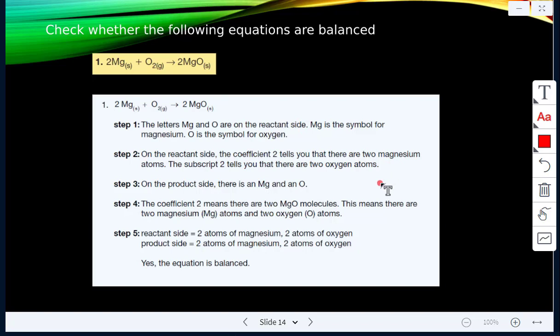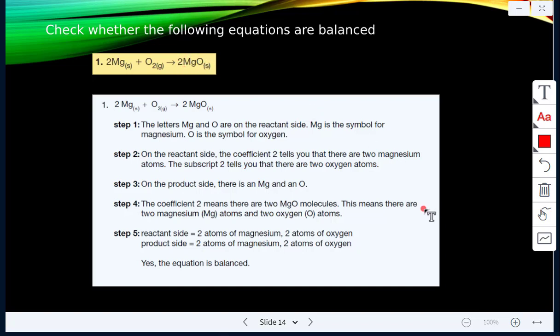Product side, what elements are there? Mg and O, so magnesium and oxygen. Step 4, we have to count how many of each. There's a subscript of 2 here, not a subscript, a coefficient. Coefficient of 2, so there are 2 magnesiums, but there are also 2 oxygens because this coefficient of 2 is in front of the whole formula.